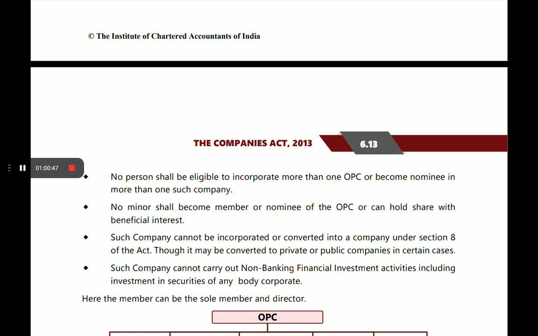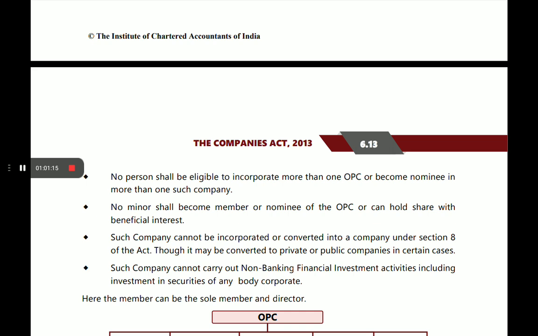No minor shall become member or nominee of the OPC or hold shares with beneficial interest. Such a company cannot be incorporated or converted into a company under Section 8 of the Companies Act.